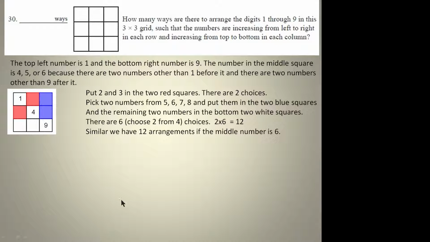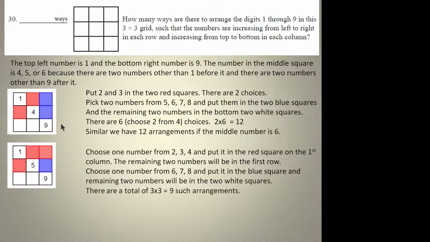But how about if the middle is 5? If the middle is 5, you have 3 numbers before 5, like 2, 3, 4.